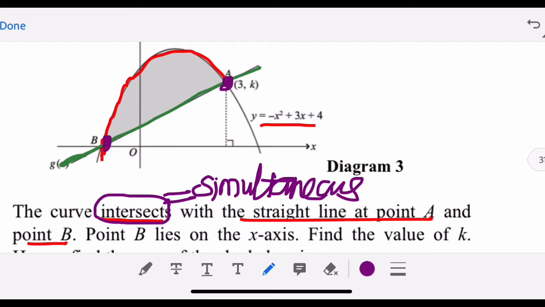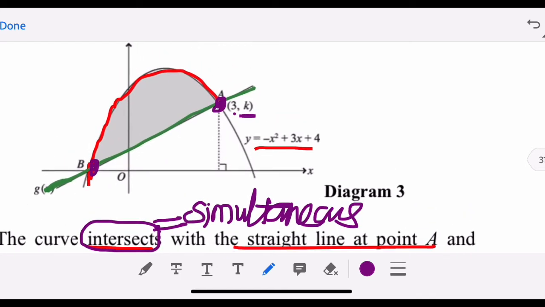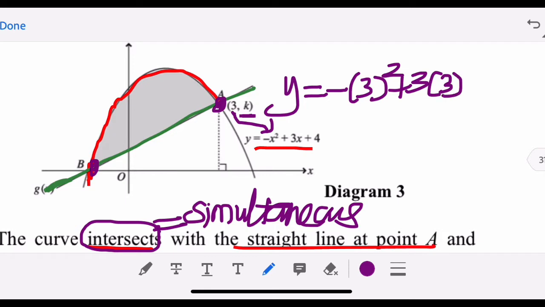First of all, we can find point A, the k value here, because the 3 was given. When the curve and the point are given, you can always substitute the point. That means you substitute negative 3 squared plus 3 times 3 plus 4.